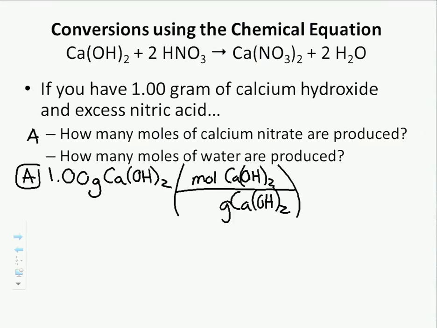Does anybody remember how to do that? I hope you remember that in order to do that, we need to look at our molecular weight. Because molecular weight is what allows us to convert between grams and moles.